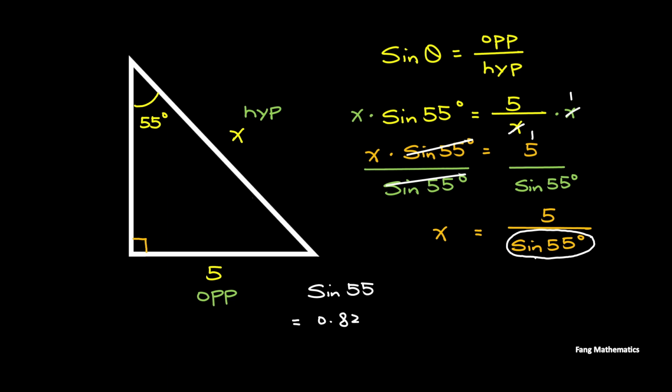So we are to replace sine 55 degrees with 0.82. Your last step to get the length of x is to use 5 divided by 0.82. And I believe in 2 decimal places, you should get 6.10 as the length of the hypotenuse.